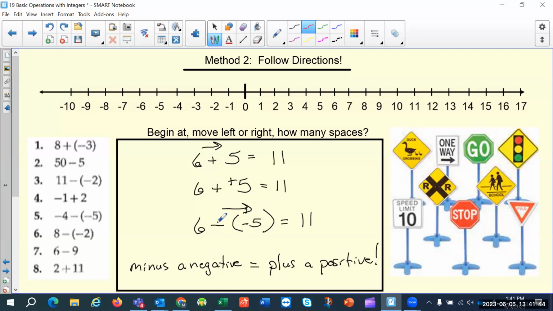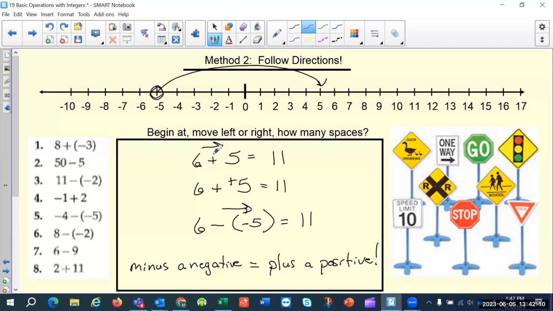Well, if it's the opposite of negative 5, that's positive 5, because here's negative 5. The opposite of negative 5 is over here. It's positive 5. So we're literally saying 6 minus the opposite of 5, or 6, the opposite of negative 5.